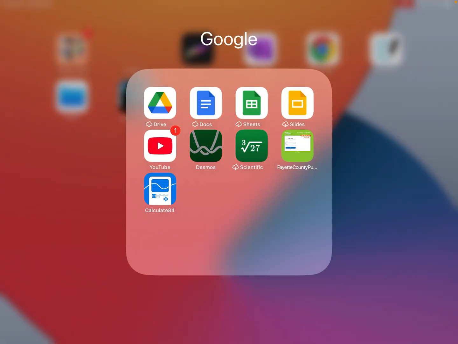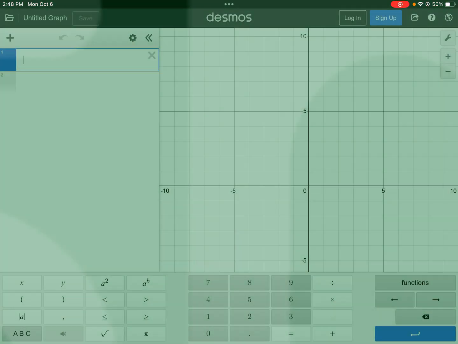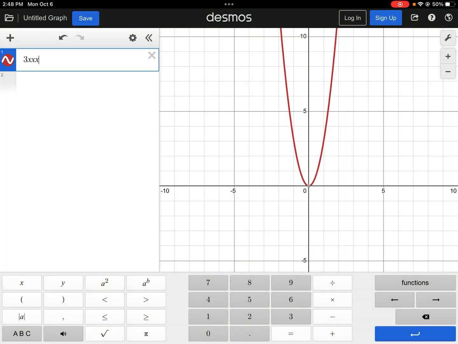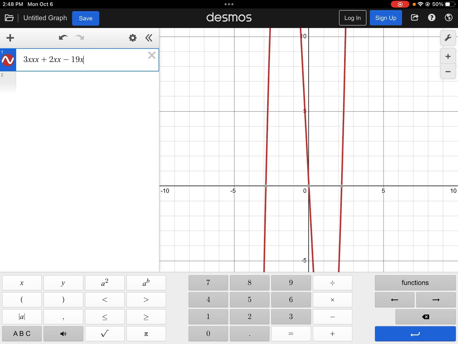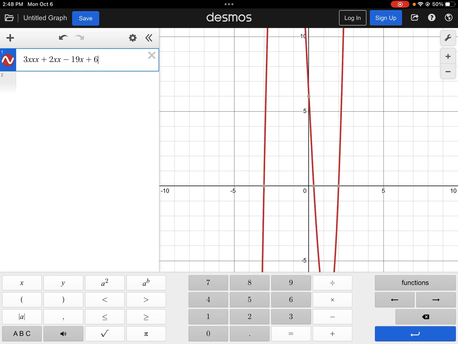Here's what that means. That means that if I open Desmos and I type 3x cubed plus 2x squared minus 19x, oops, that's not 19, plus 6, again, not a 6.